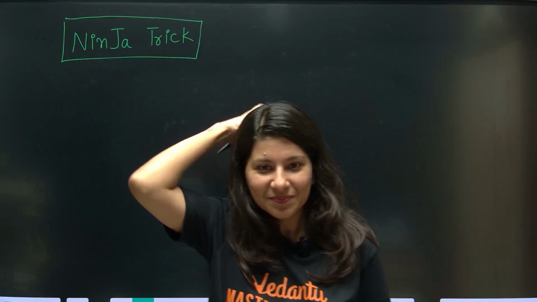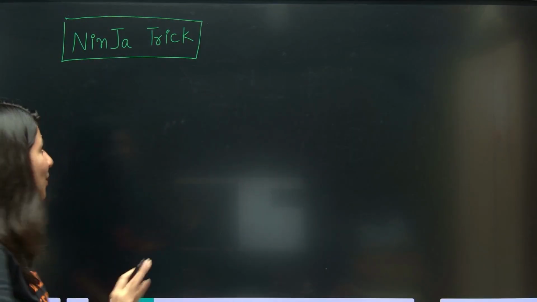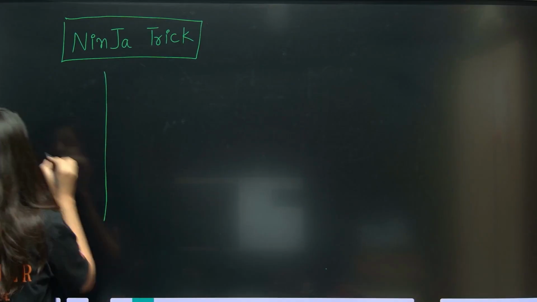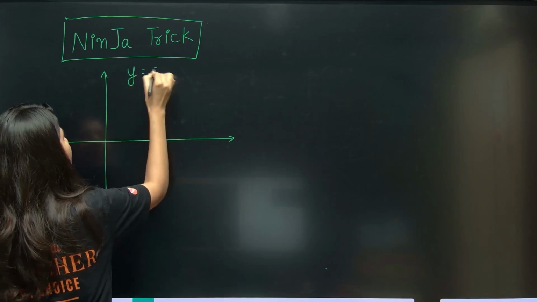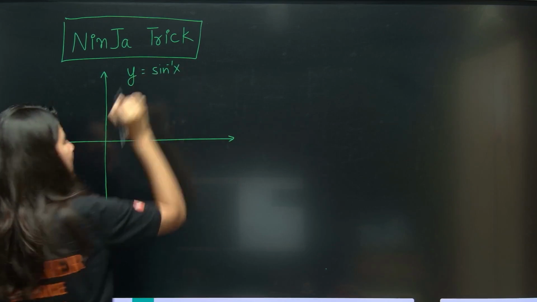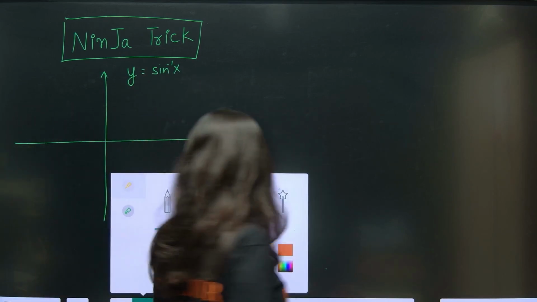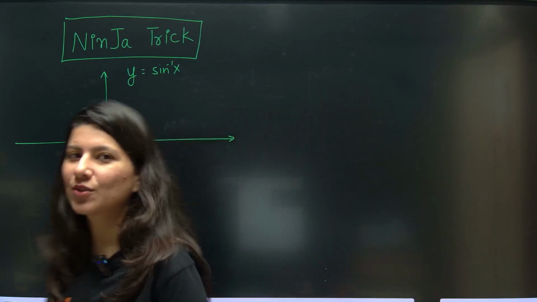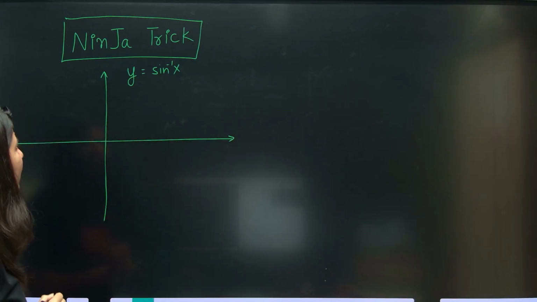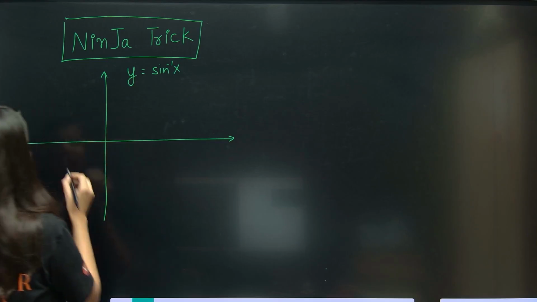One thing you have to do. Y equals sine inverse x. This particular graph you have to remember. I think the domain and range are also clear. For sine inverse x, the domain is minus 1 to 1.